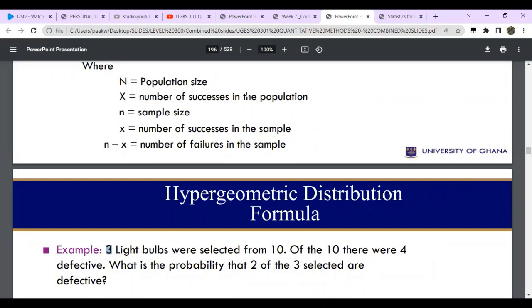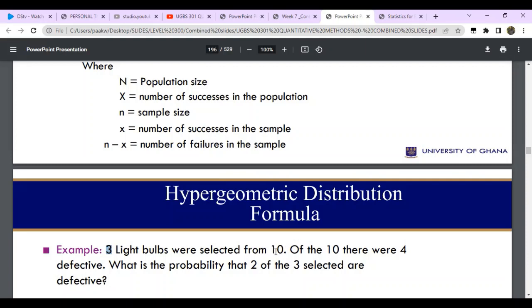Number of successes in the population. And by now I know you know the meaning of defective, right? What is the probability that 2 of the 3 selected are defective? So the 2 here will also represent what? Small x. That is the number of successes in the sample.